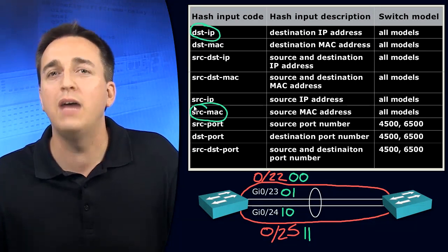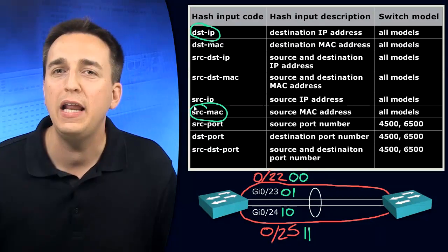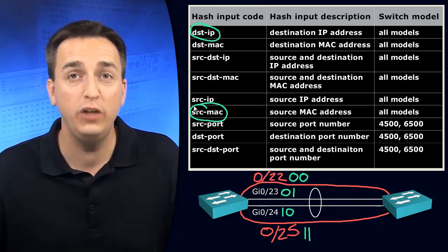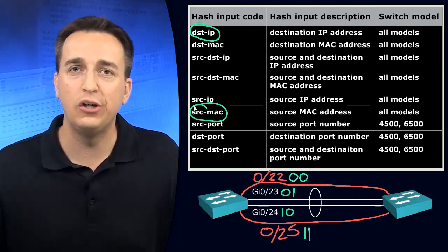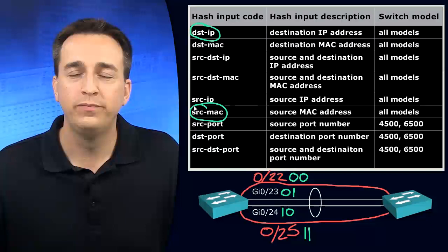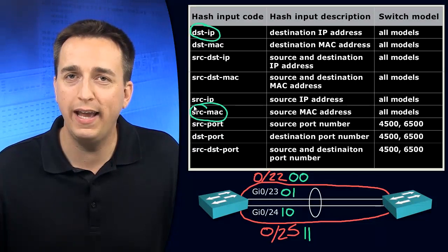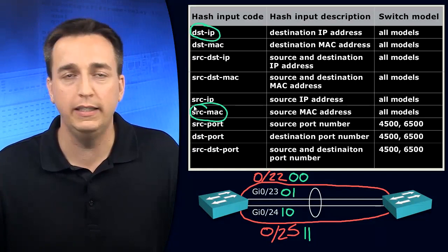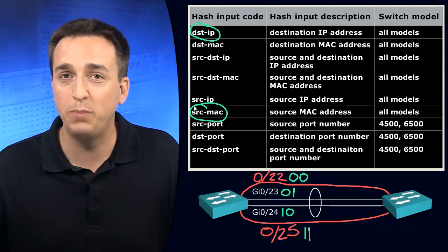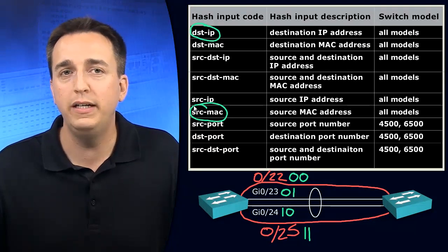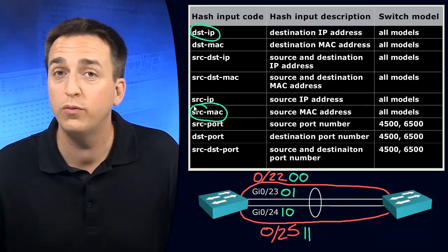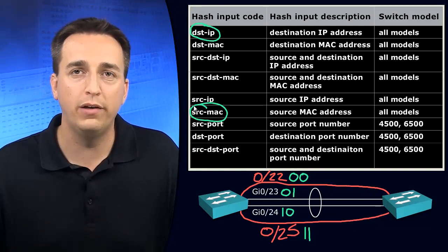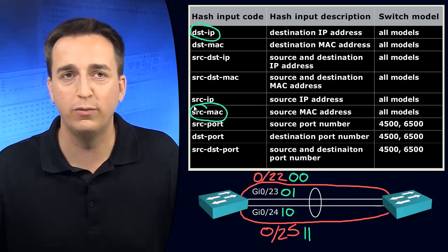So what does that mean if we have 8 links? How many binary digits are going to be reviewed if we have 8 links in total? Hope you said 3. Because with 8 links we'll be dealing with 3 binary digits, because if you take 2 to the power of 3, you have 8 possible combinations.